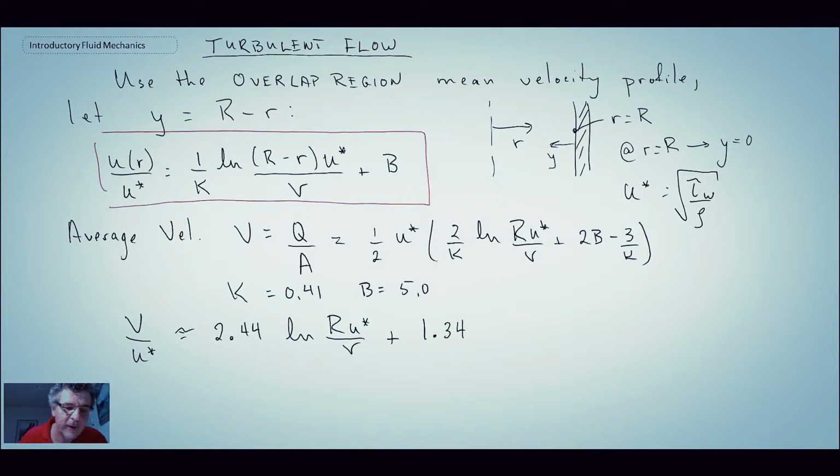Okay, so that's where we get to. What can we do with that? Well, it turns out that we can actually do quite a bit, and we're going to focus in on this term here, and we're going to take the friction velocity from up here and rewrite that in terms of our friction factor, which is what we're after. And the friction factor relationship came out of our early dimensional analysis of this problem a few lectures ago.